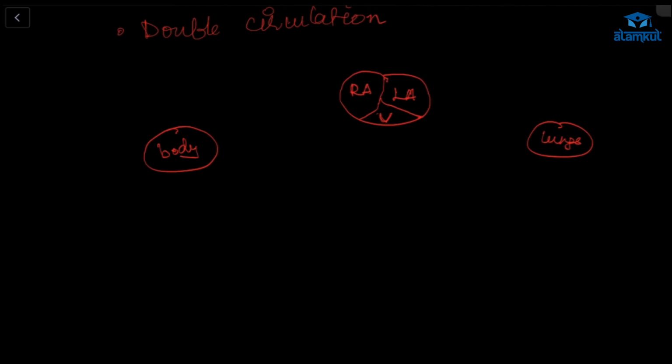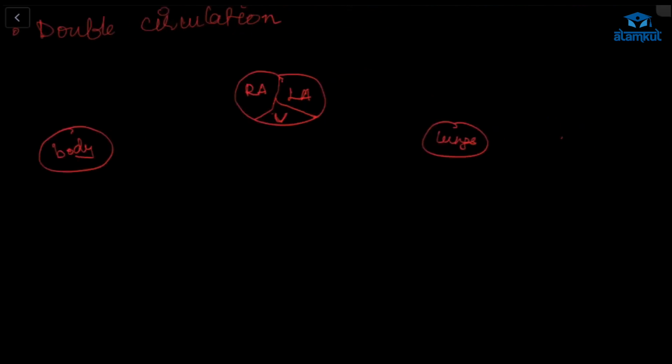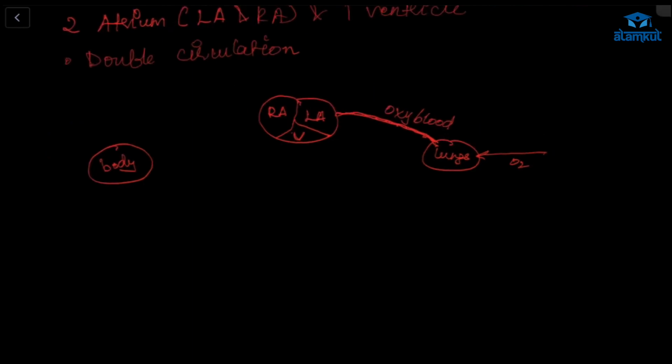So first, oxygen will come from the atmosphere to the lungs through the mouth, and after that it will be carried by the vessels. So this will be the oxygenated blood, which is rich in oxygen, and it will go to the left atrium. See, lungs, L, left atrium.